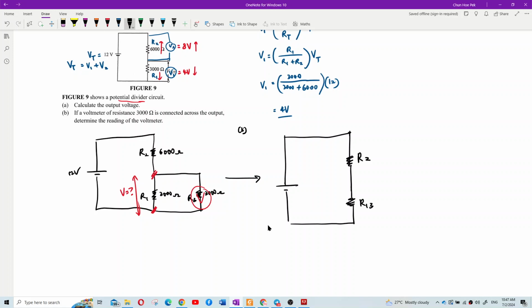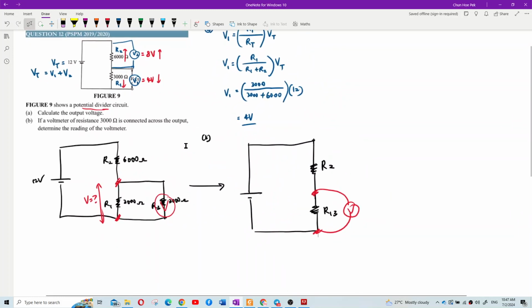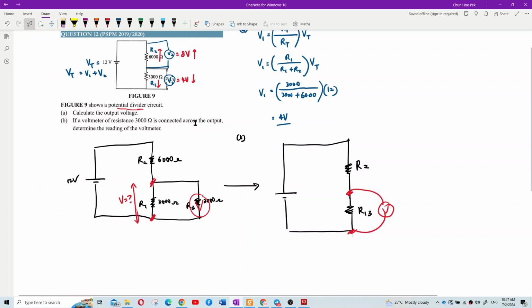I want to find the voltage across this, because the question says find the reading of the voltmeter connected across the output. That means across the 3000 ohm. So find the voltmeter reading across R13. What is the voltage across this one?